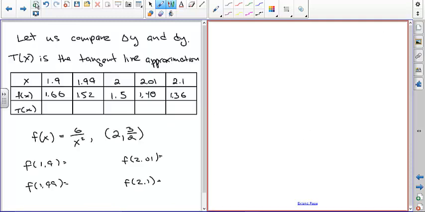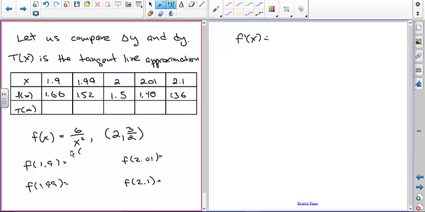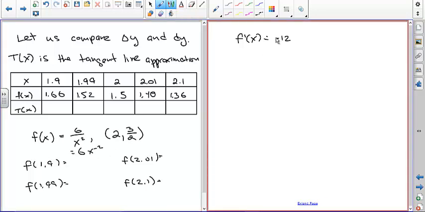Now to do this part, if you take the derivative, let's rewrite the function as 6 times x to the minus 2. So that's going to be negative 12 times x to the minus 3 power, because you take the exponent, multiply by 6, which is negative 12. That's the same as negative 12 over x cubed.